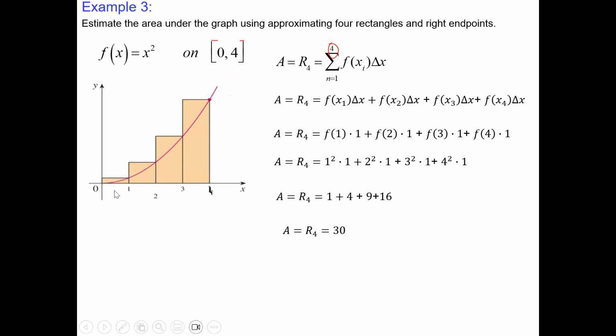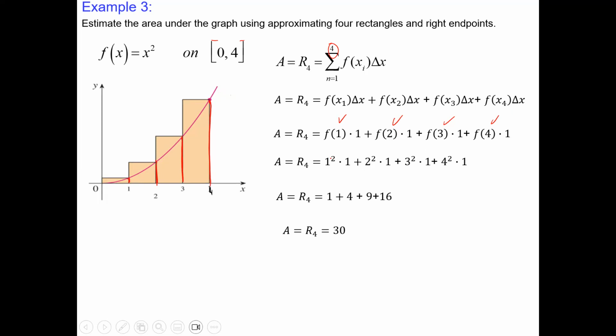We're dividing by 4, we will go 1, 2, 3, delta x is 1, because we will divide 4 by 4, and the value of the function for 1, for 2, for 3, and for 4. 1, 2, 3, 4. The function is x squared: 1 squared, 2 squared, 3 squared, 4 squared.